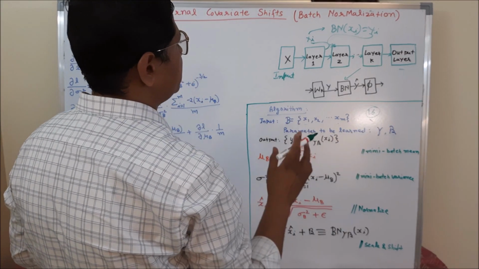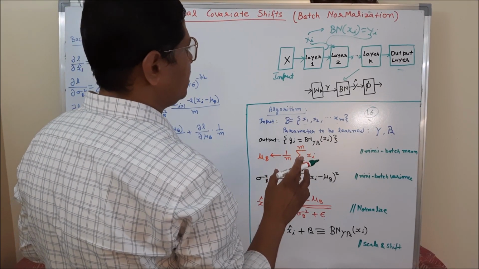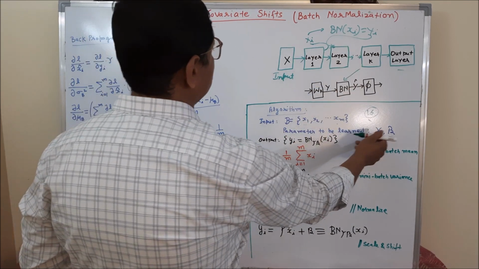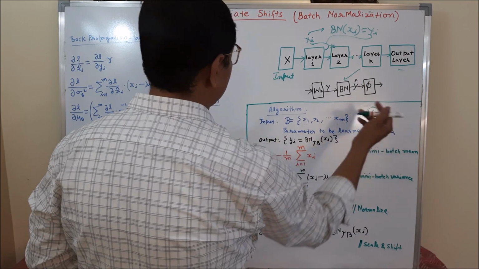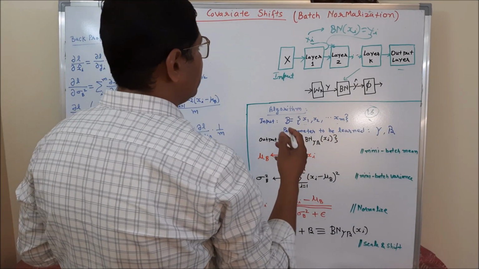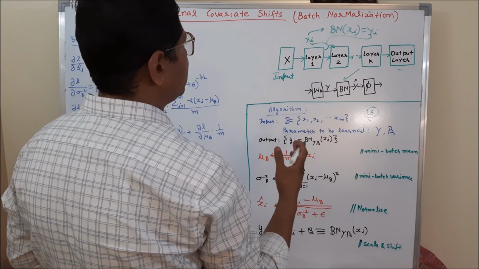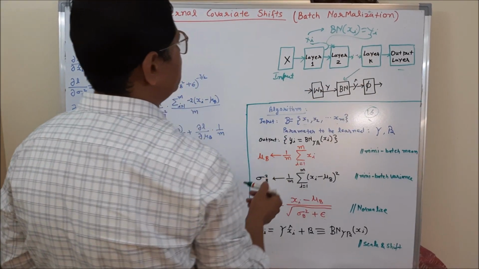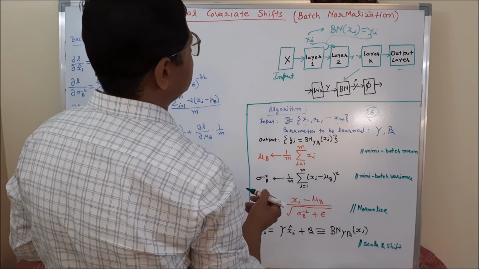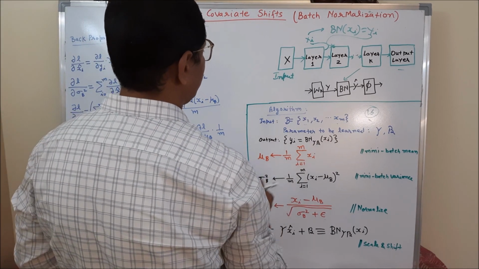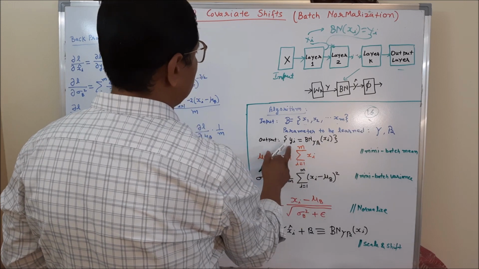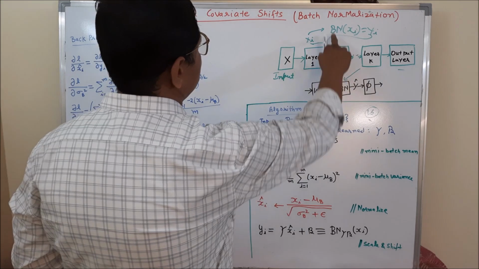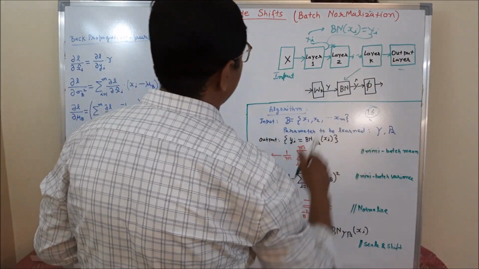The major benefit of those learnable parameters is that, based on the updates to them, every next time we can get a more sophisticated output to the next layer, and it generally helps in better convergence. So here you can see that the output is BN, batch normalization, gamma, beta, xi. The same we use to pass to the next layer.